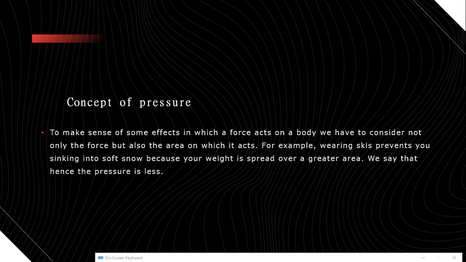In this case, the weight is the force, and the area of the pair of skis is the area. The weight is spread over a large area, so greater area, hence less pressure.